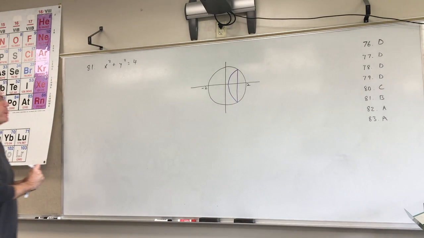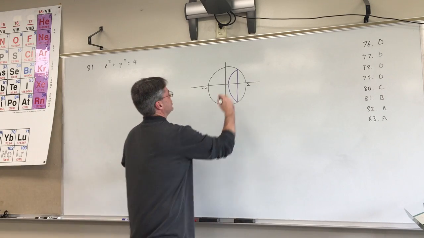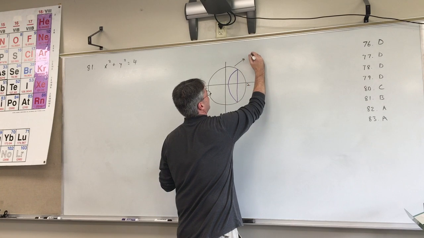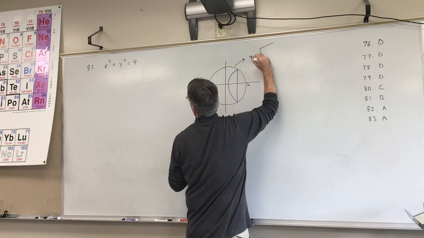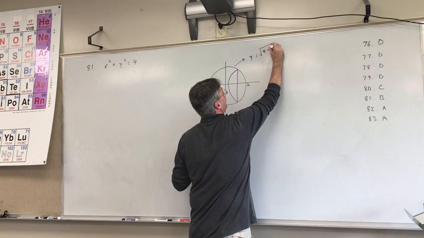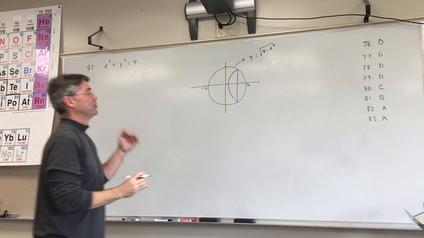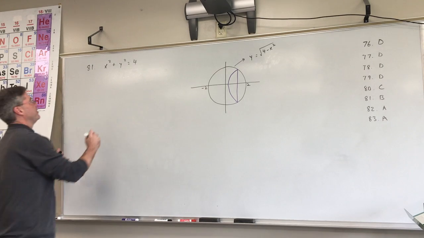Okay, so we're going to need to solve for y for this equation. Solving for y, it's going to be the square root of 4 minus x squared. It's actually plus or minus that, but we're not going to need the minus part. You'll see that in a minute. Okay, so what is the area of a semicircle?